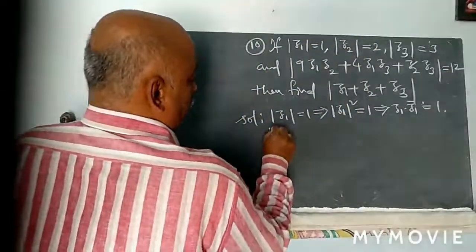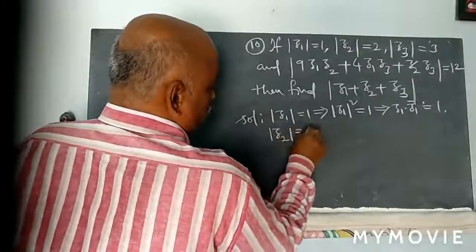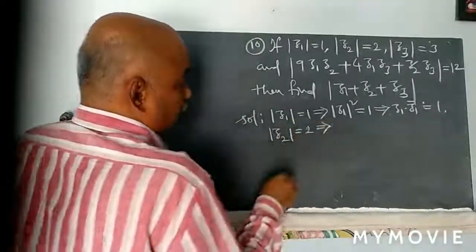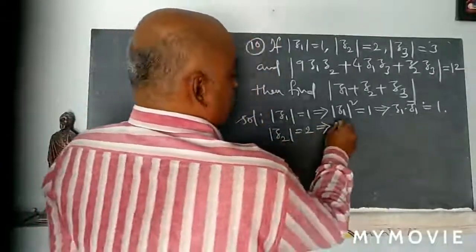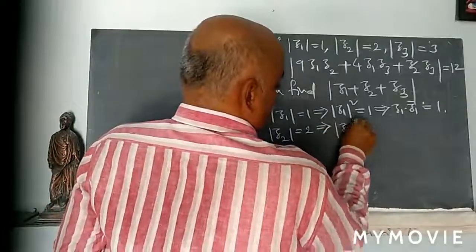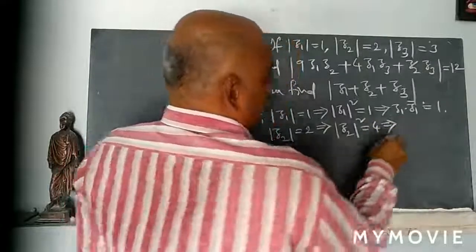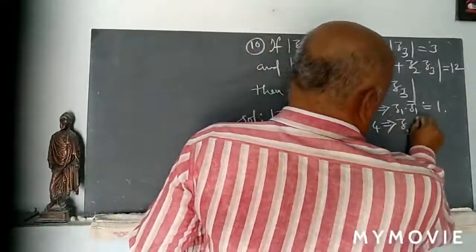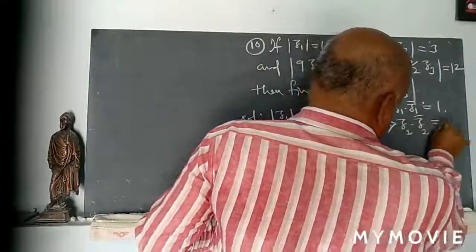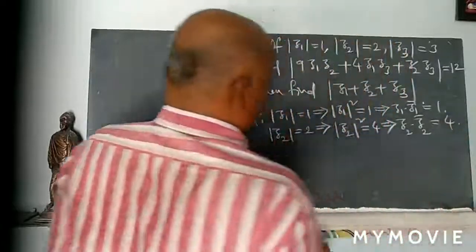Similarly, |z2| = 2. Squaring on both sides, |z2|² is equal to 4. This implies z2 into z2 bar is equal to 4.